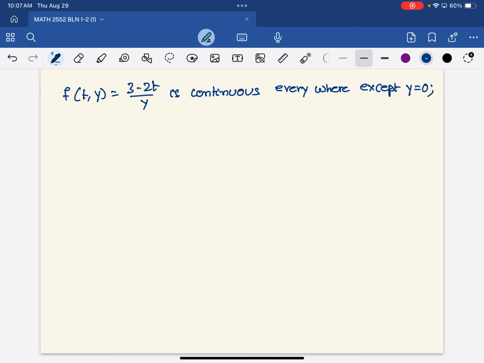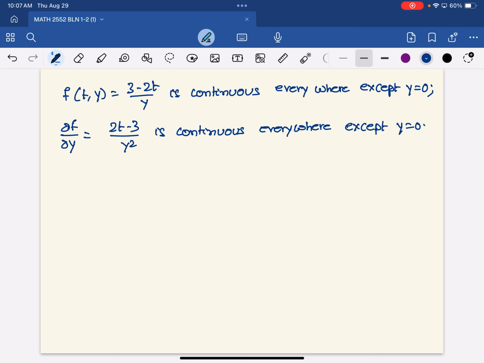And your partial f partial y, which is (2t minus 3) divided by y squared, is continuous everywhere except y equals 0 again, right? Are you with me on that?